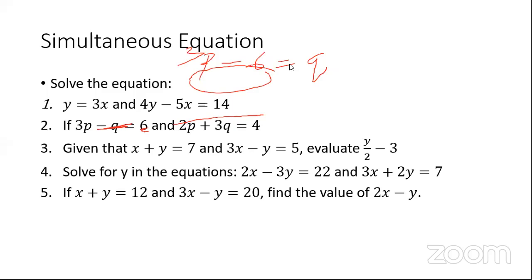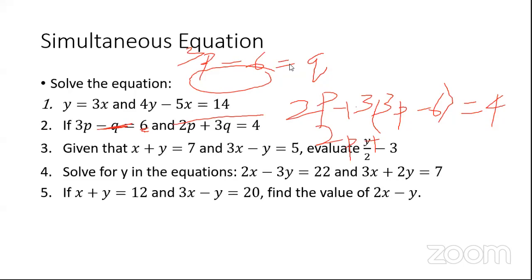So there I have 2p plus 3q, meaning 2p plus 3 times (3p minus 6) equals 4. Multiplying out, 3 times 3p is 9p, so 2p plus 9p minus 18 equals 4.